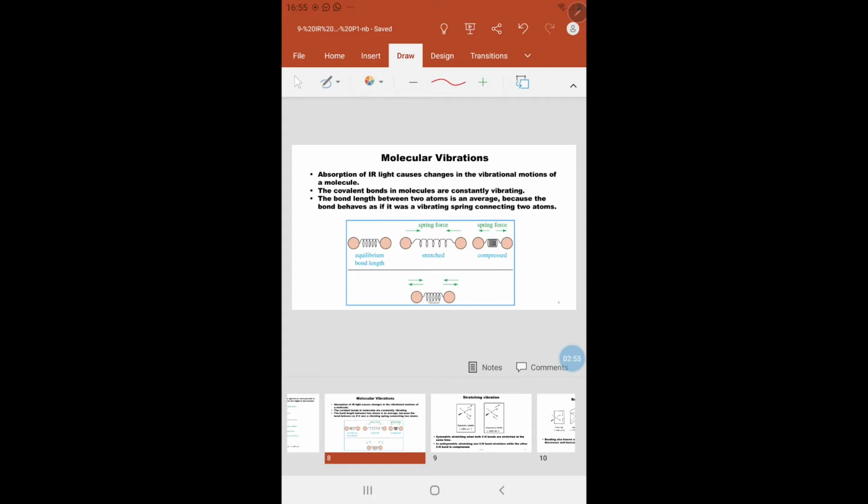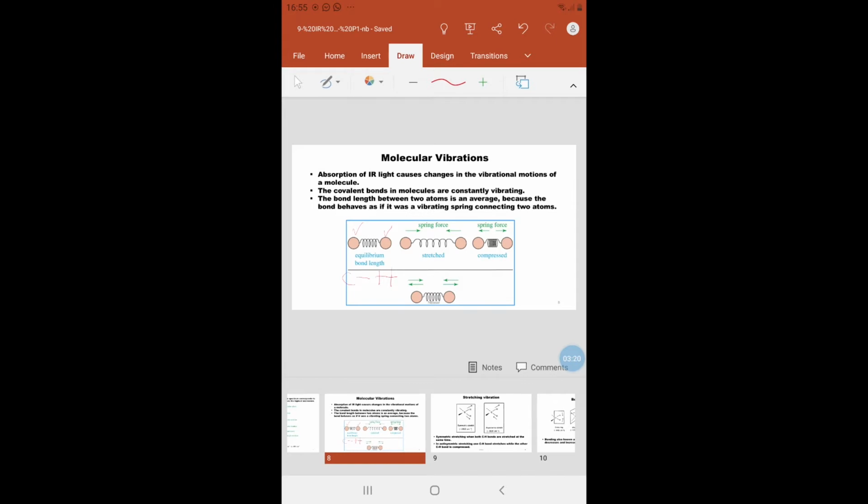What does it mean by vibration? Let's say in this case you have these two balls. These two balls represent the atoms. Let's say you have C bonded to H. What happens if you stretch these two atoms and then release?